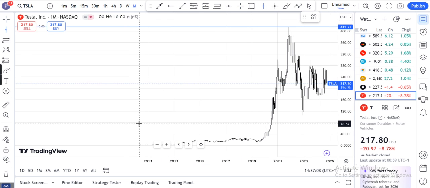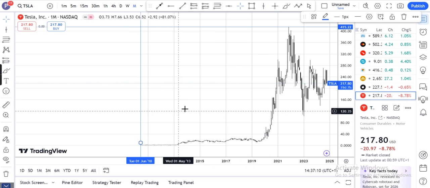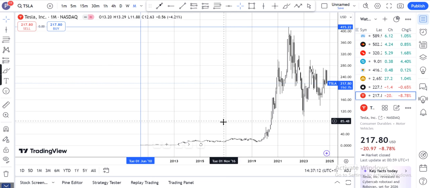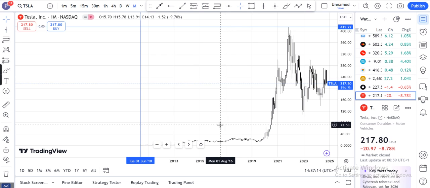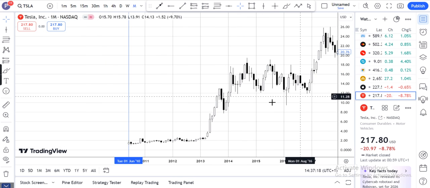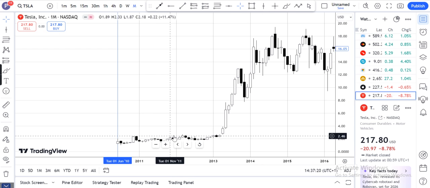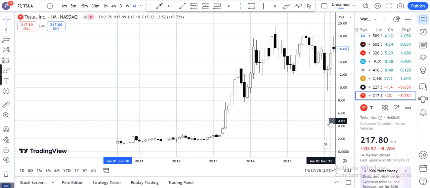I think we can see it started thereabout 2011. It could have started before then, but the chart was made available to us from 2011, which is the point this TradingView began to look at their side.